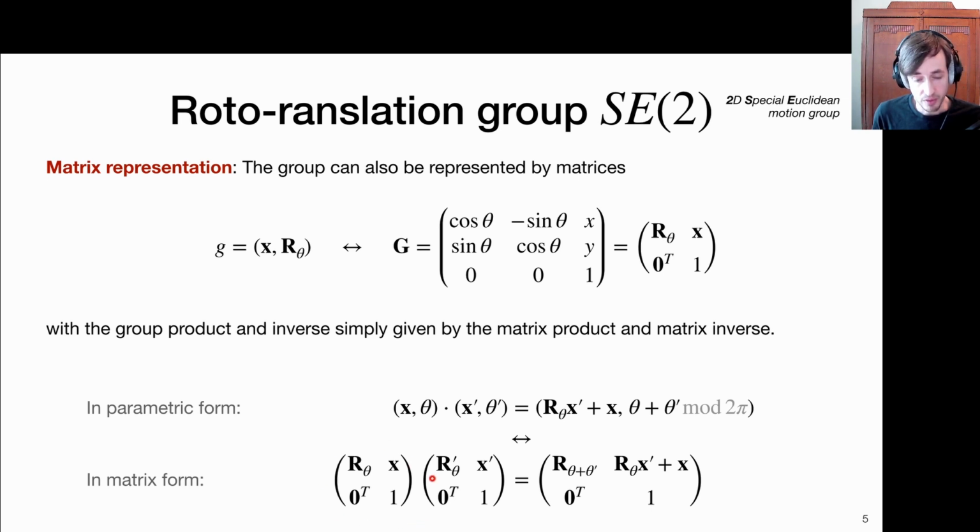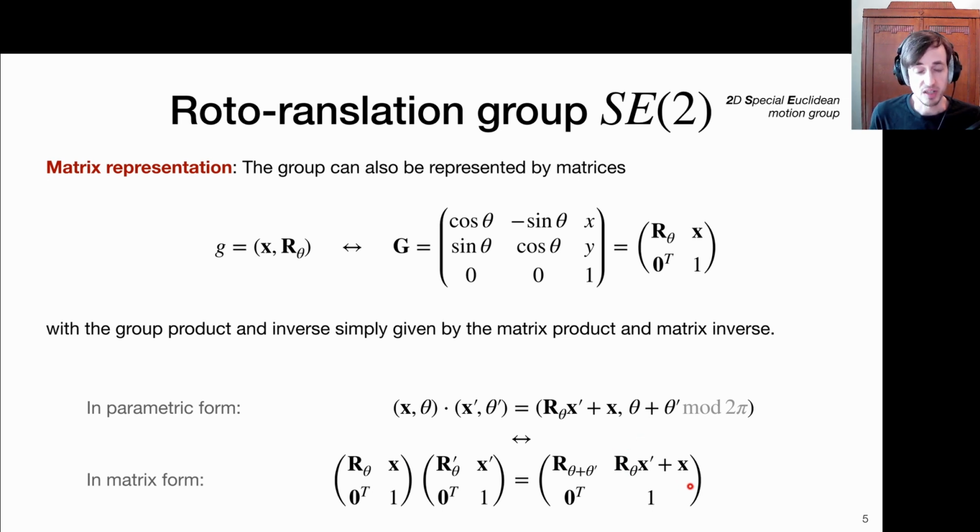If you have one matrix representation of the group, so a translation vector and a rotation, another translation and rotation, then the new rotation is achieved by R theta times R theta prime. And you can easily derive that the result is a rotation matrix with the rotation angles added up. And we see that this rotation matrix is multiplied with x prime plus x times 1, which gives us this thing.